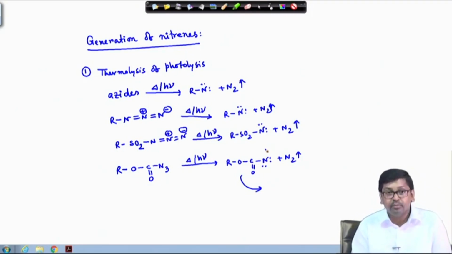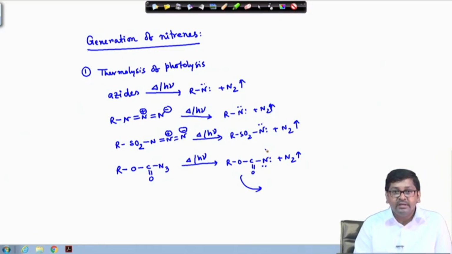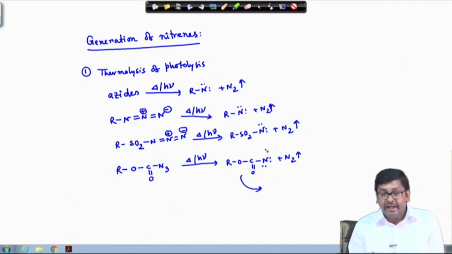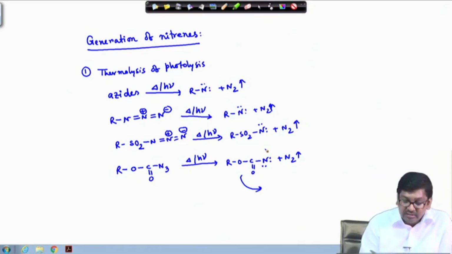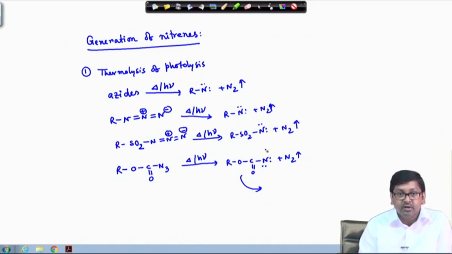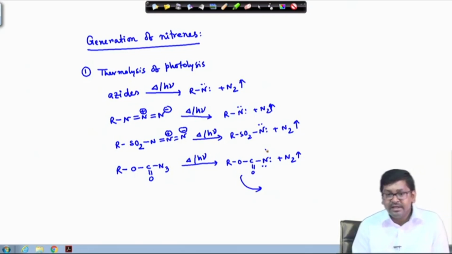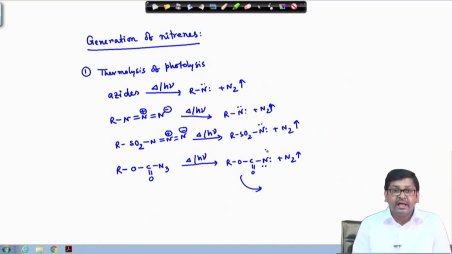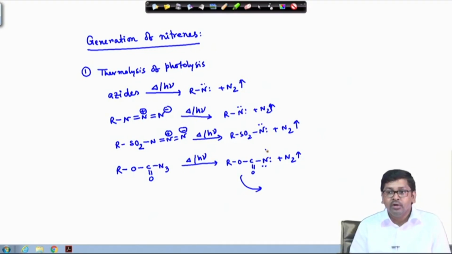thermal or photochemical decompositions, azides can be converted into nitrenes through nitrogen liberation in the presence of transition metal salts. That is also possible apart from these cases. The decomposition of azides in the presence of transition metal salts also gives nitrenes, and it has been explored in various ways in recent days that these nitrenes can be inserted into a lot of bioactive molecules at a late stage.